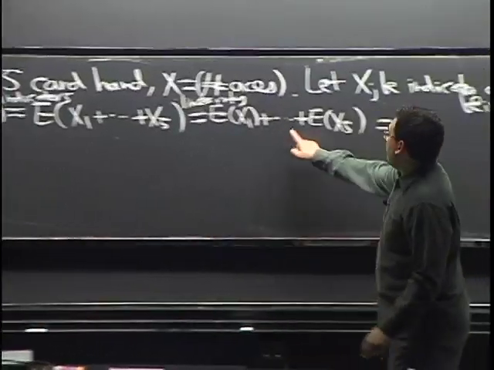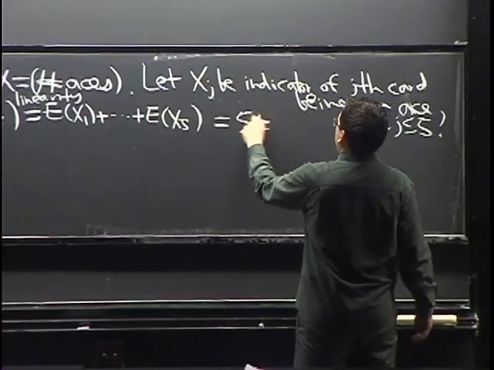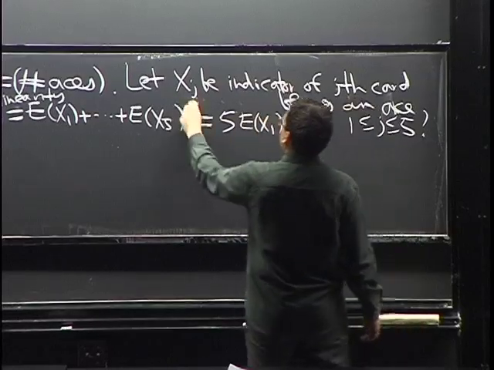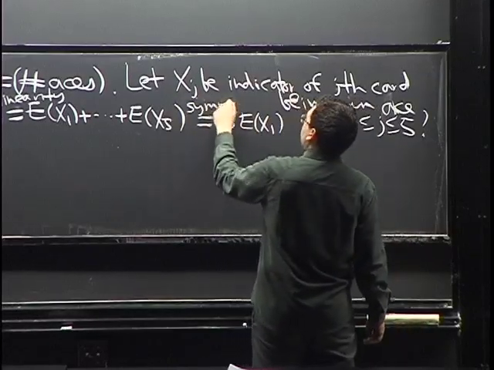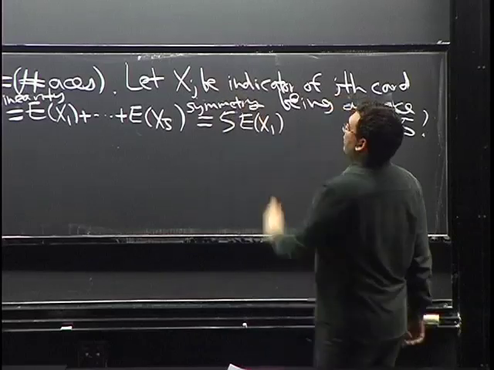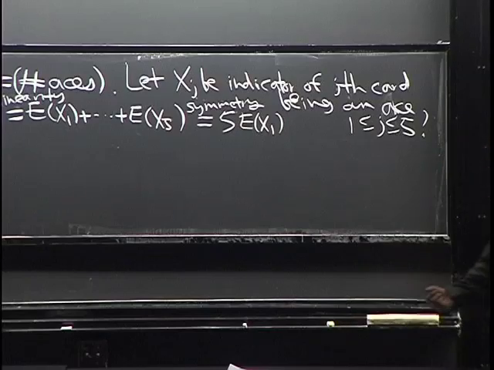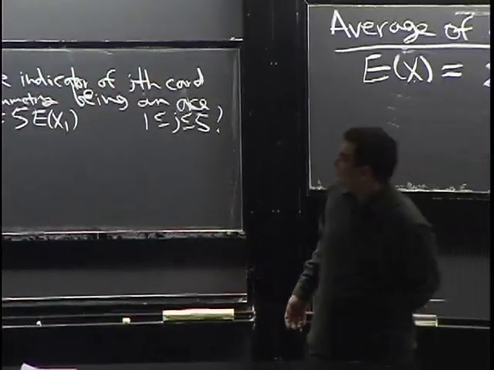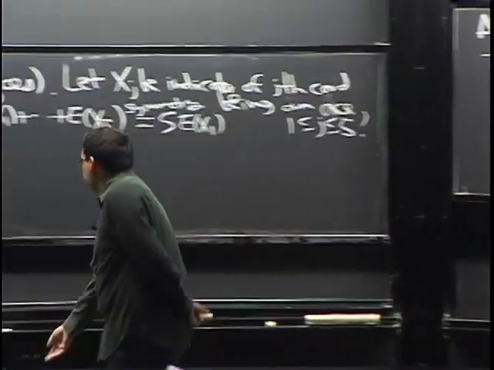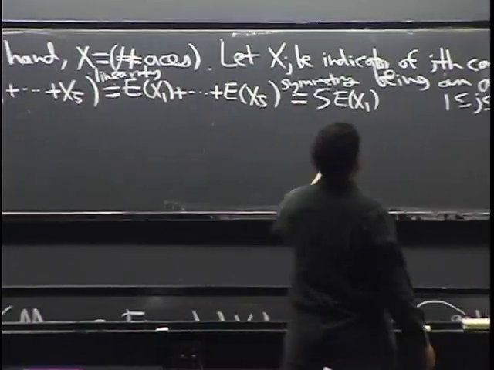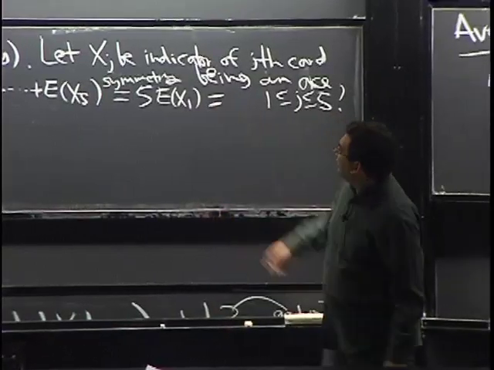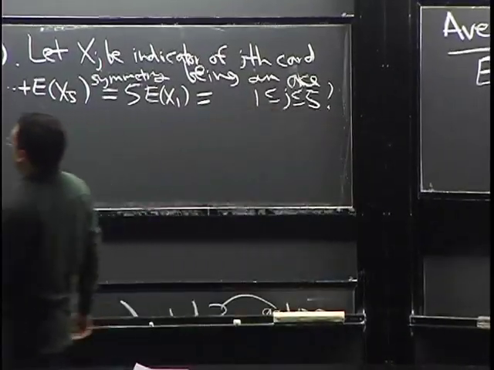And then by symmetry, that's really just the same thing 5 times. There's no reason to think that the second card has a different distribution from the 5th card. It's completely symmetrical. Therefore, we can just write down E of X1. Actually, let's write one more step.